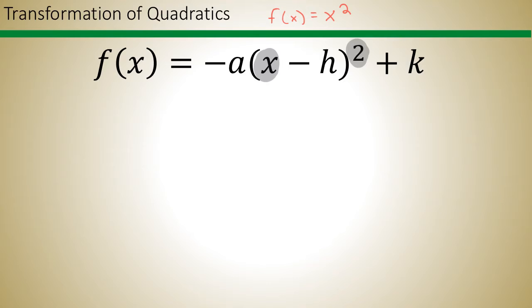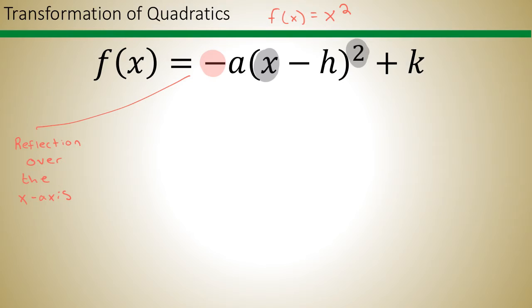Whenever we see a negative in front of the entire thing, that's going to cause a reflection over the x-axis. Whenever we see a negative in front, outside of parentheses, that will be a reflection over the x-axis.